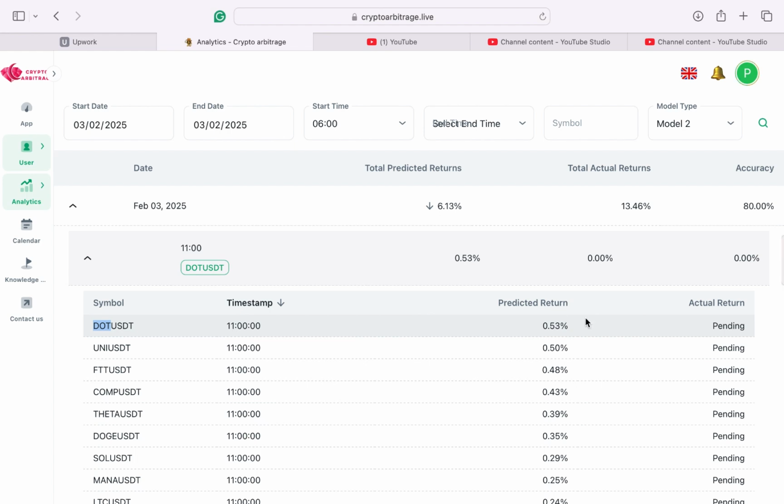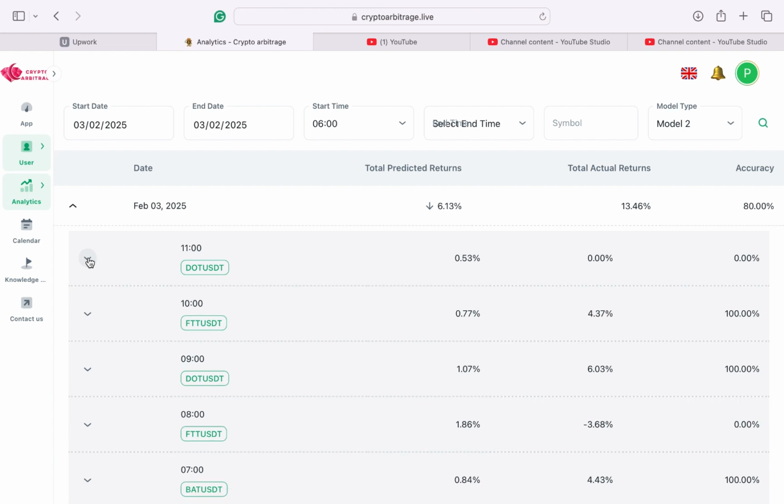Then you can convert it back to USDT, or just wait for 12 noon and see what the model recommends.